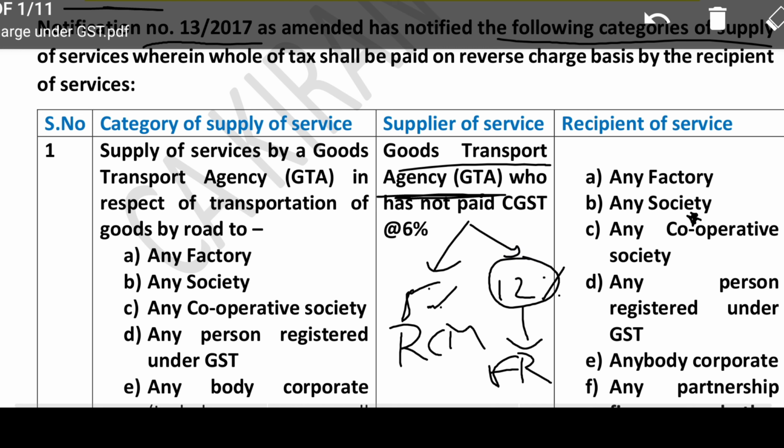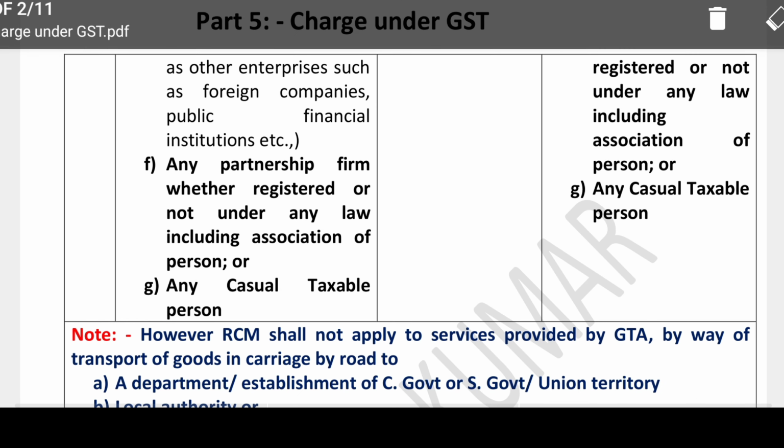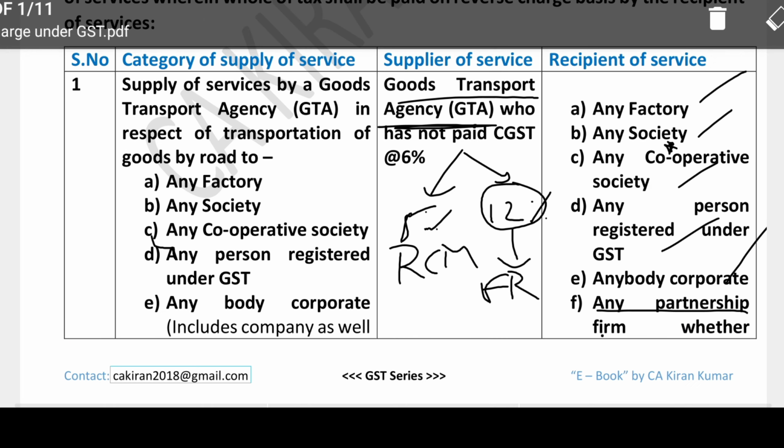So if the services are provided by a goods transport agency, that is GTA, to any factory, any society, any cooperative society, any person registered under GST, any body corporate, any partnership firm or any casual taxable person, and GTA has not chosen the option for 12% on forward mechanism, in such cases the recipients, in this case factory, society, cooperative society and so on, are liable to pay GST on RCM basis.